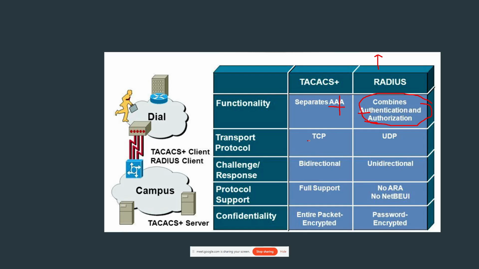Protocol here is TCP. Here this is UDP. It is connectionless. This is bidirectional. This is single directional. Here the entire packet is encrypted. Here only the password is encrypted.